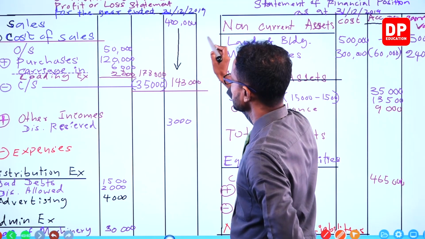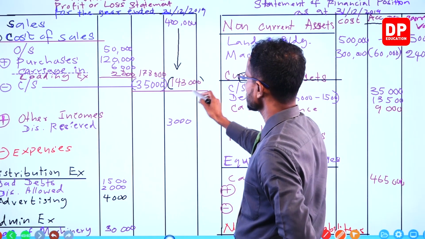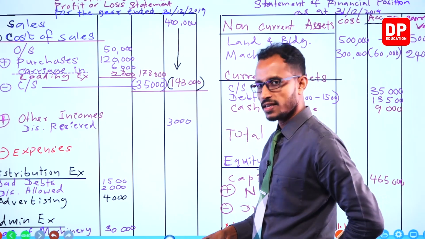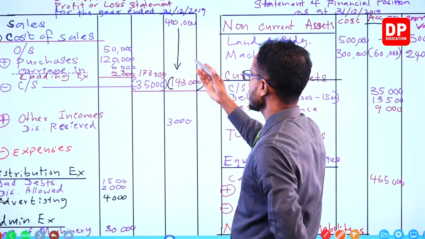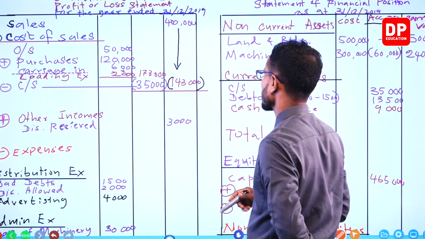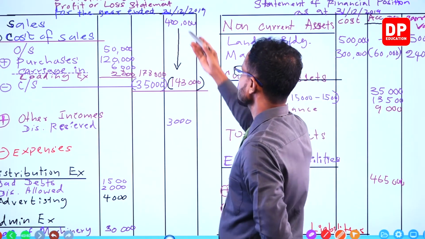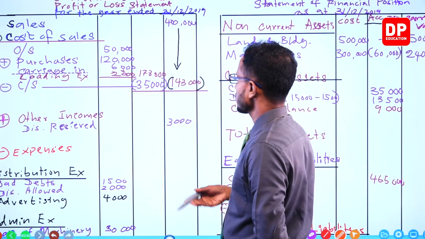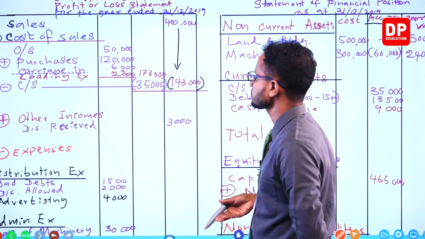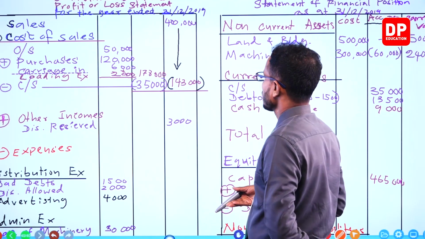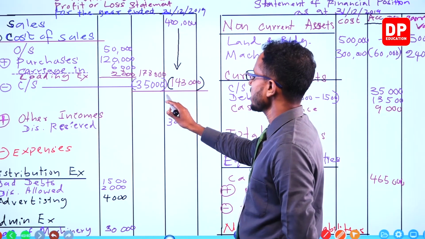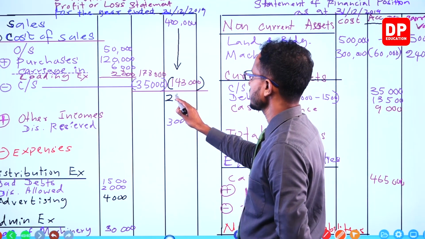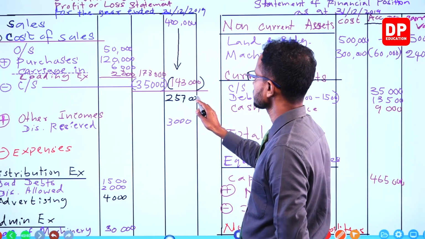Sales minus cost of sales: 400,000 minus 143,000 is 257,000.